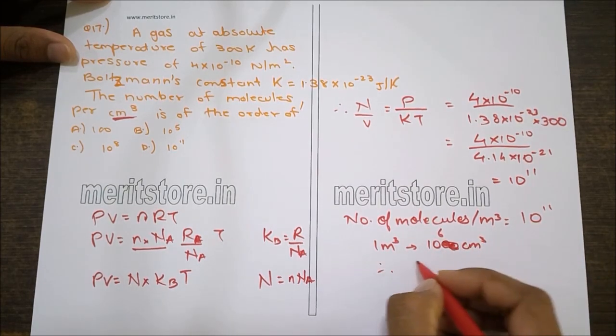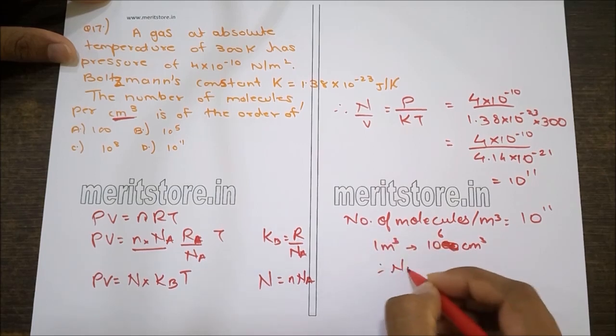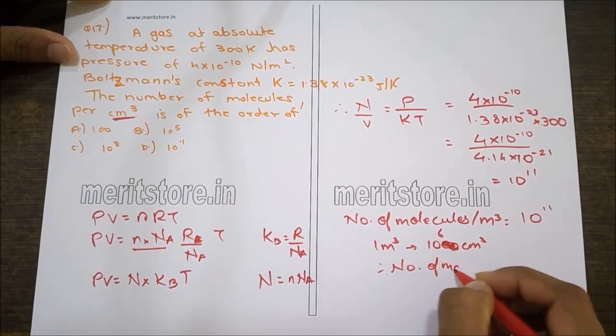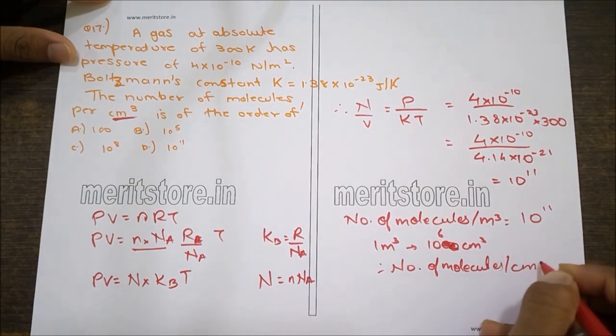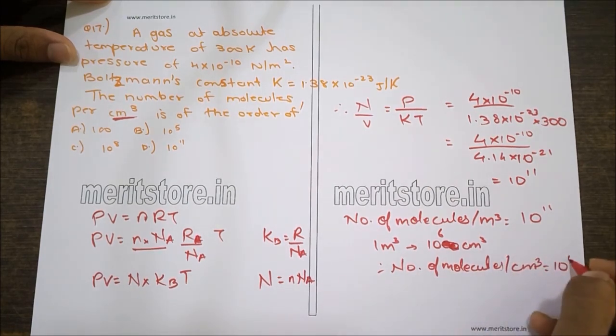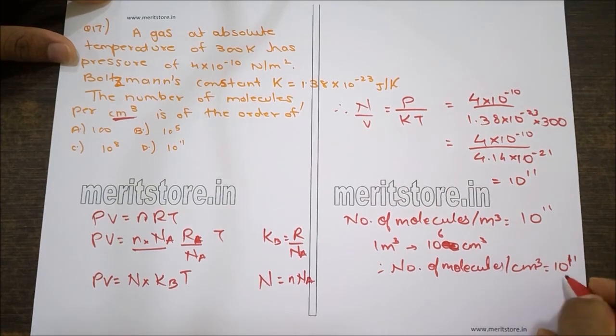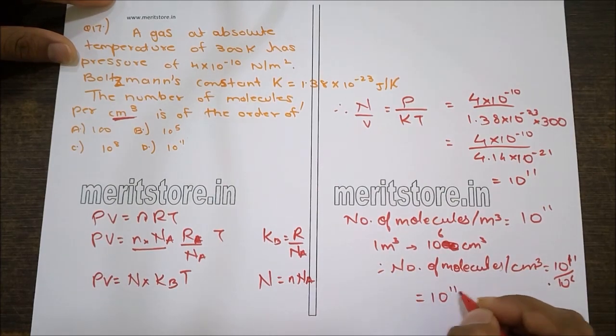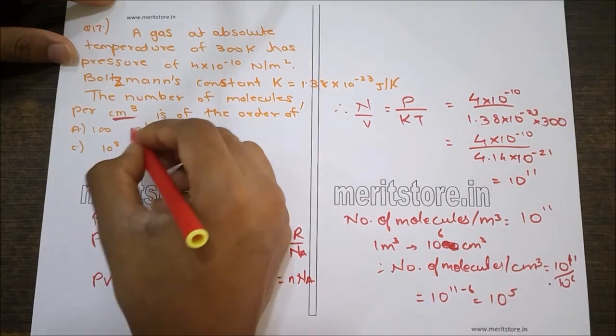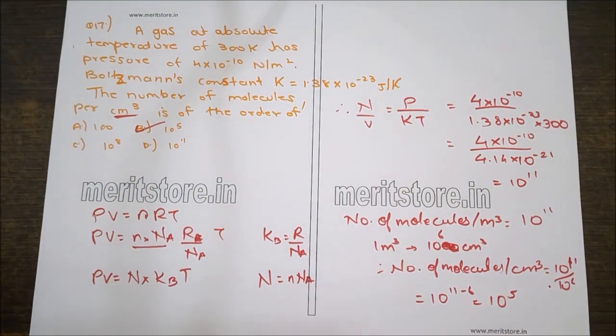So the number of molecules per centimeter cube would be 10 raised to 11 divided by 10 raised to 6. That is 10 raised to 11 minus 6, which is 10 raised to 5. Hence option B is the correct answer.